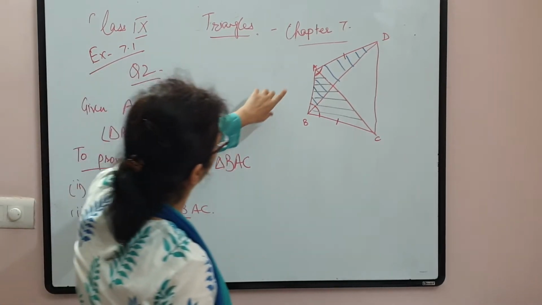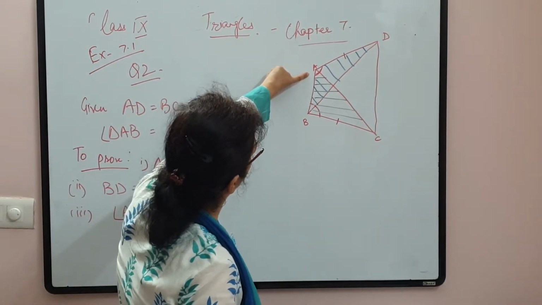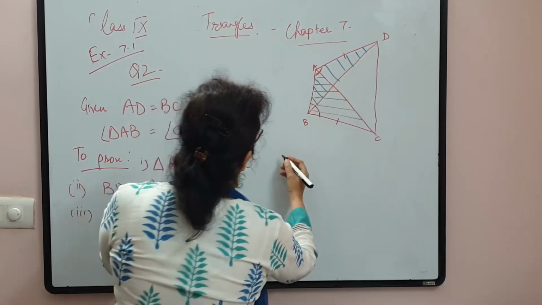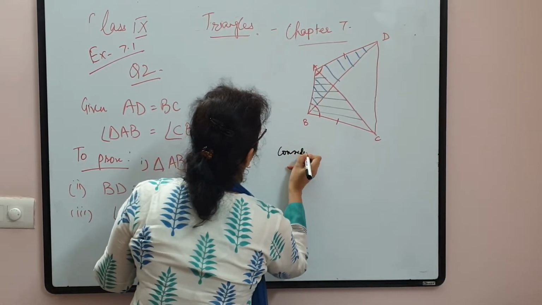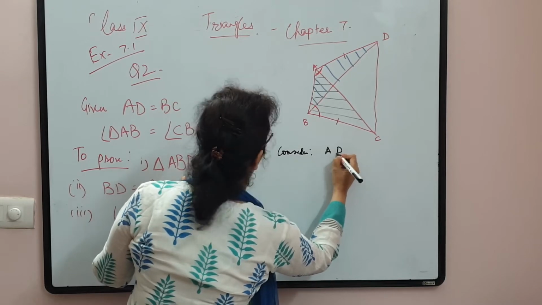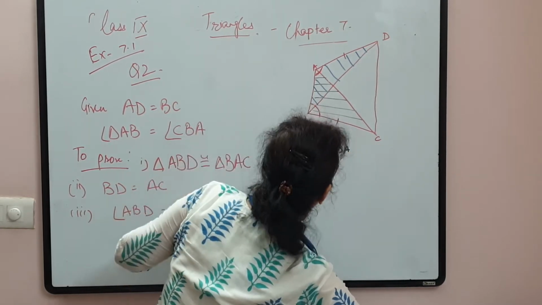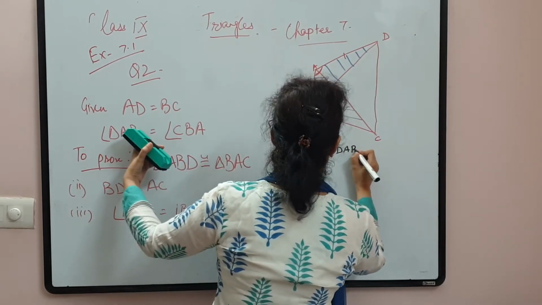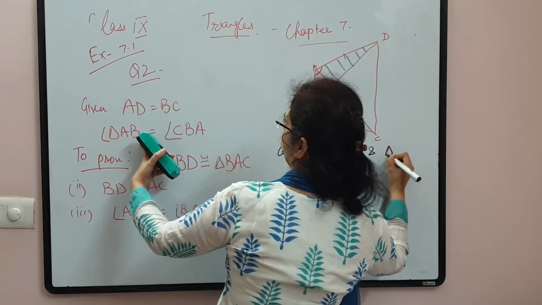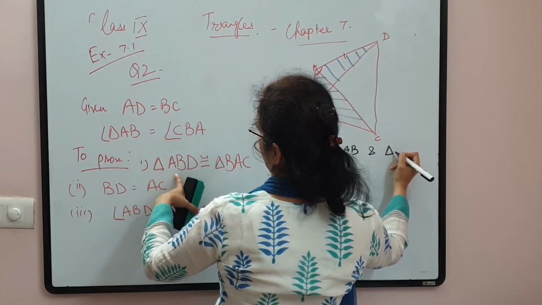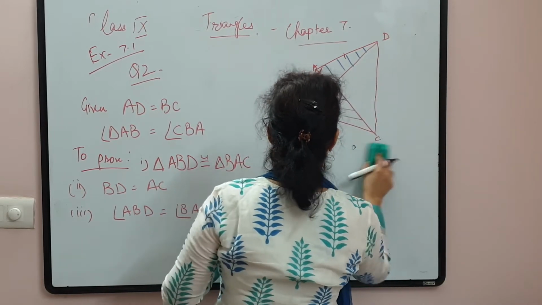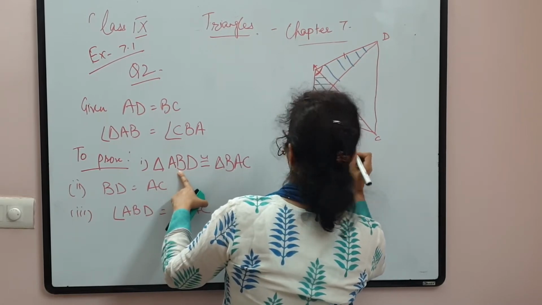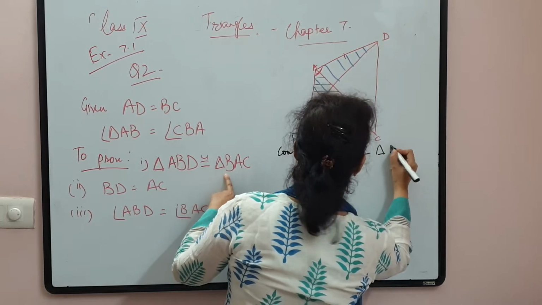See what all is given. Consider triangles ABD that you have to prove and triangle BAC.